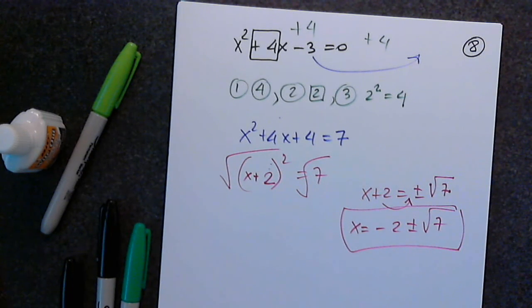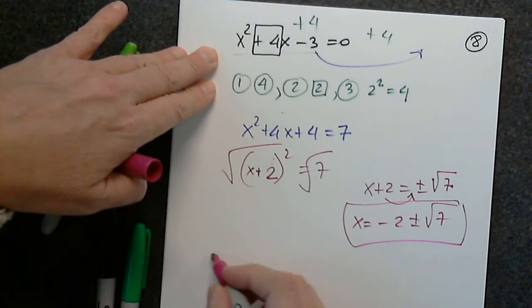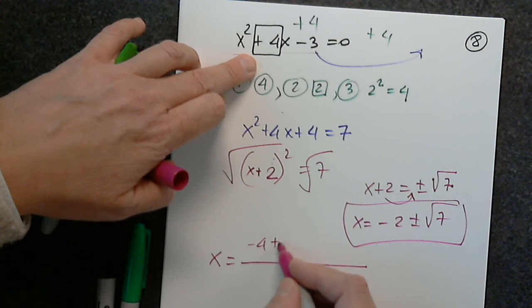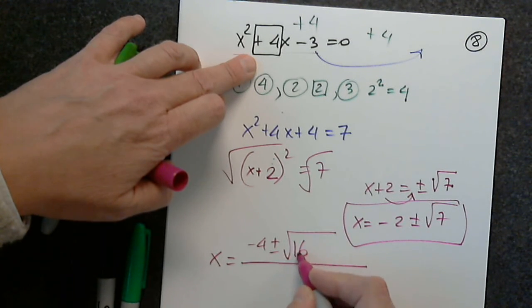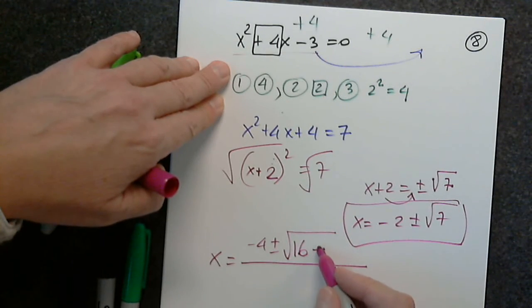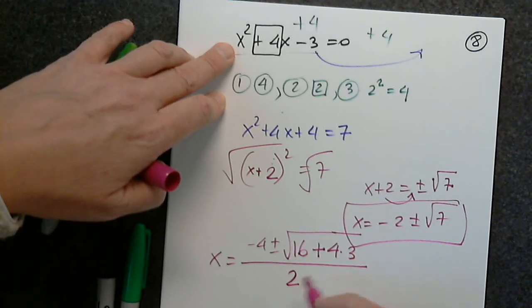Would you do me a favor and do the same problem with the quadratic formula? Yes, absolutely. So with the quadratic formula for the same problem, it's in descending order. So I have x equals negative b plus or minus the square root of b squared minus 4 times a times c, with c being negative 3, so I change it into plus, divided by 2 times 1, which is 2.